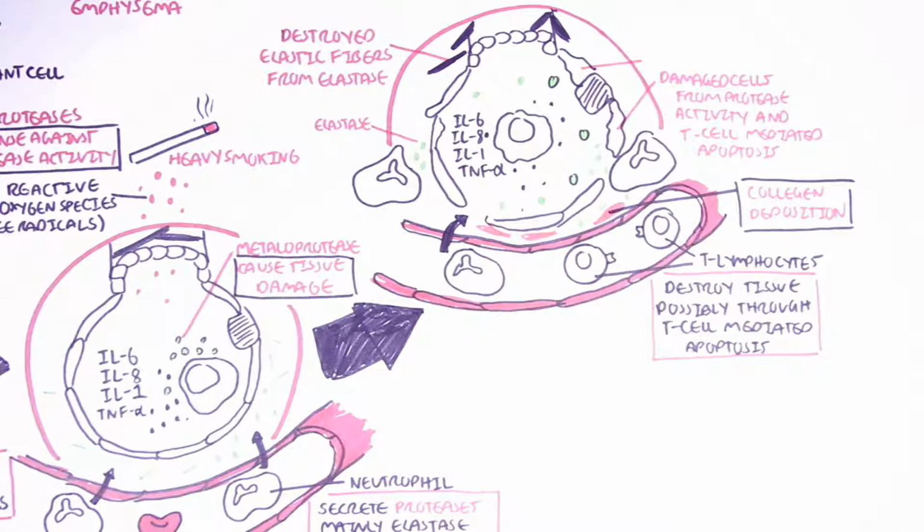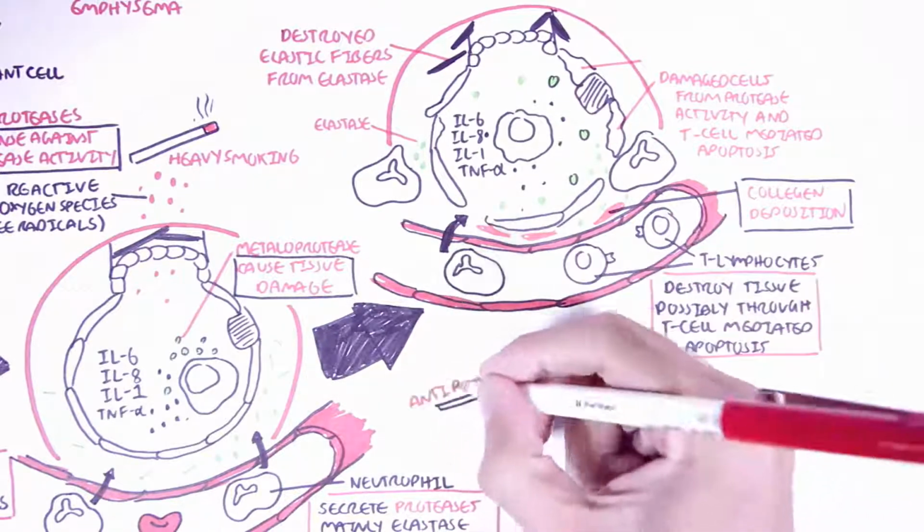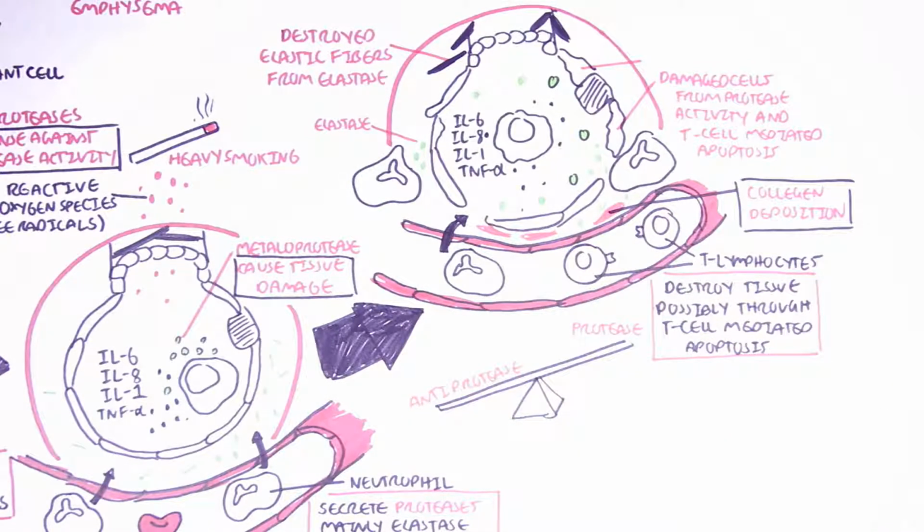Now, from this diagram, we can see that in an emphysema type situation, we see a lot of protease activity. And so we can see that there is an imbalance between protease activity and anti-protease activity, with protease having a much more substantial role.